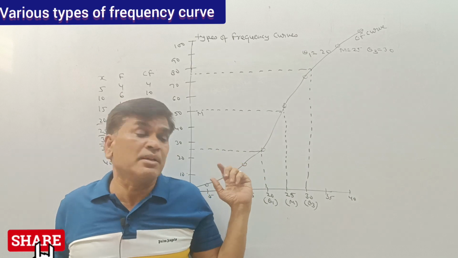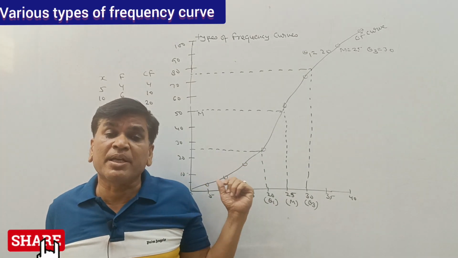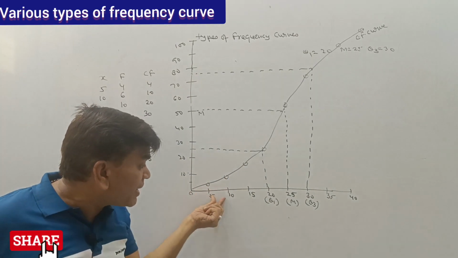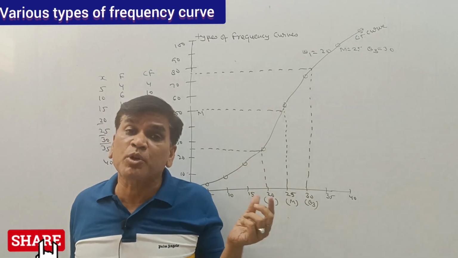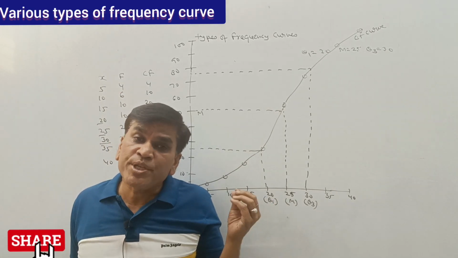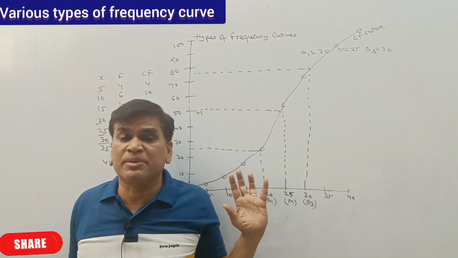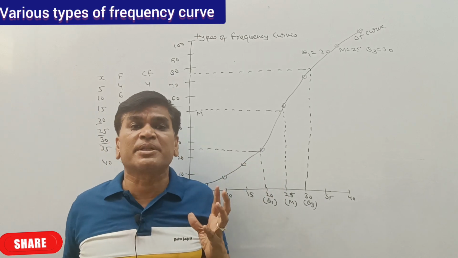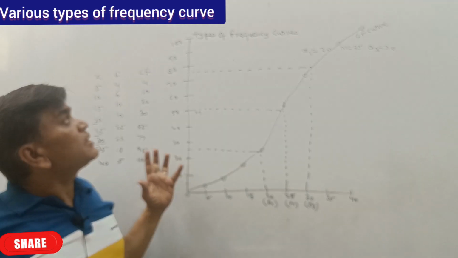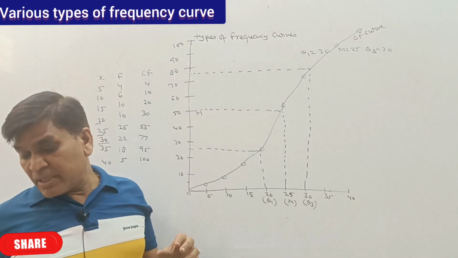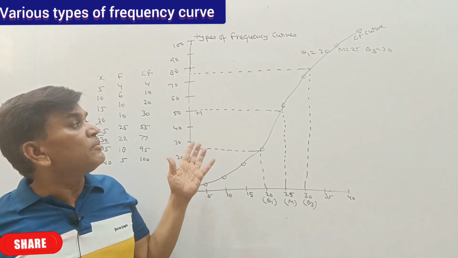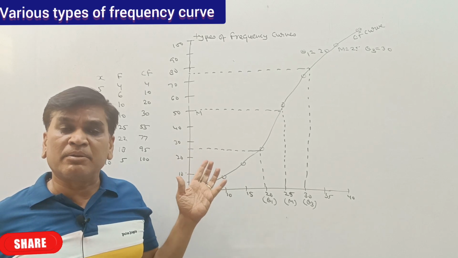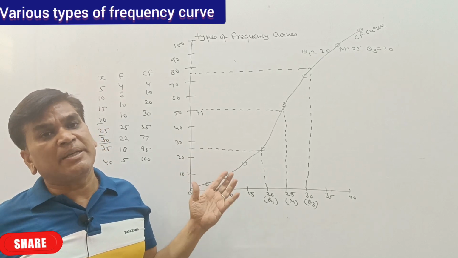Here we are not having equal distances; we are just approximating, assuming this is a graph paper, but it is not a real graph paper, so some difference may be there. With the help of this, you may get the median or partition value.